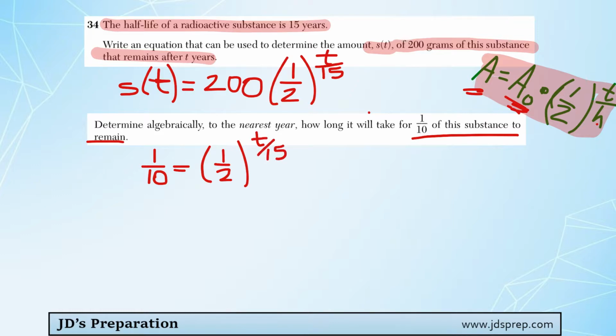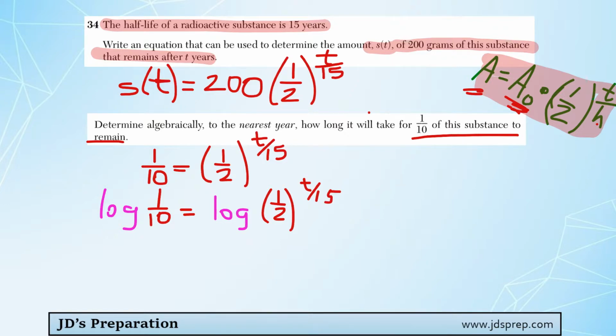All right, so now in order to solve this, since t is in our exponent, we are going to take the logarithm of both sides of this equation. So we're going to do log of 1/10 equals log of 1/2 to the power of t over 15.